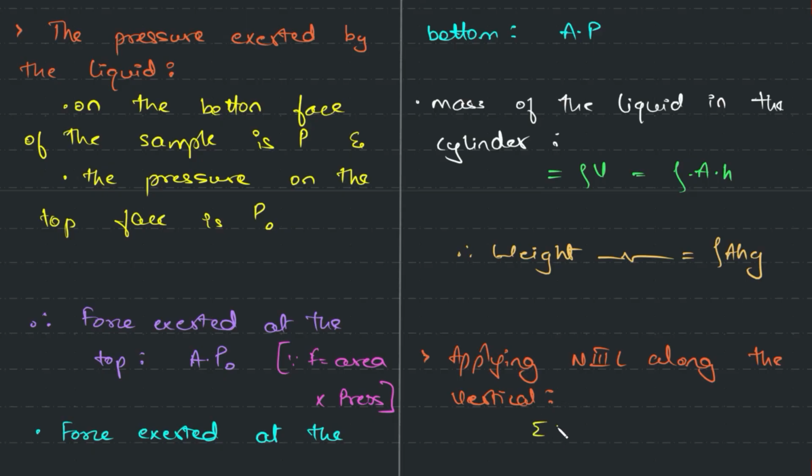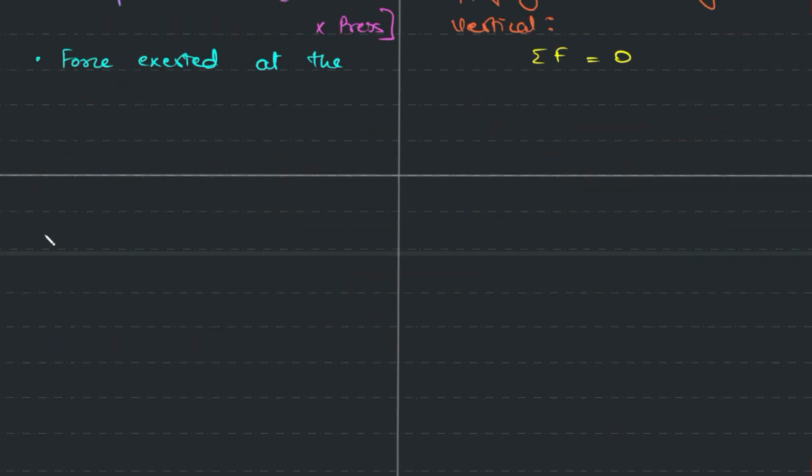So we have the net force equal to 0, right? Since the object is at rest, we can do mass into acceleration. So net force along the vertical is PA minus P naught A minus mg, or rho AHg, and this is equal to 0, because the fluid is at rest.